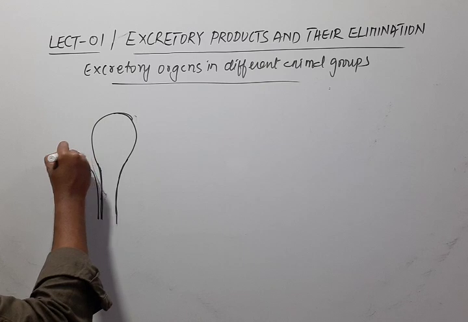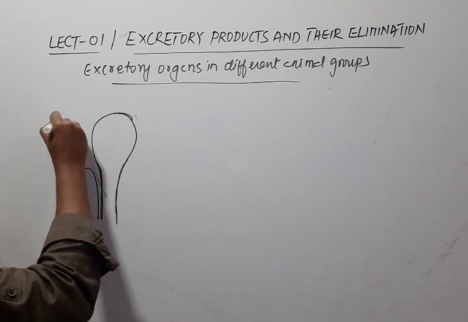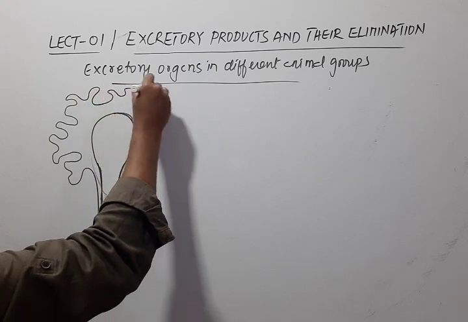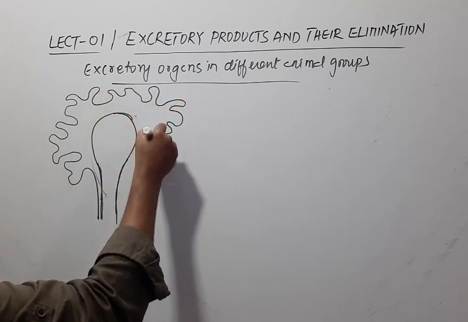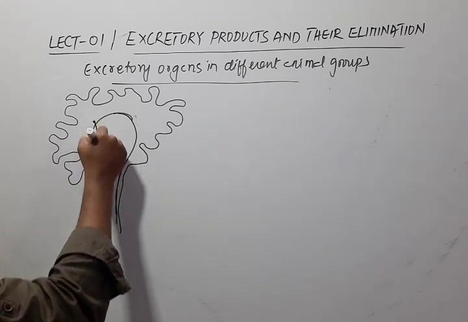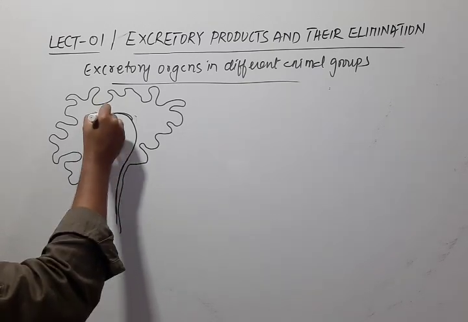So here these are all the protoplasmic projections, and here the cilia.